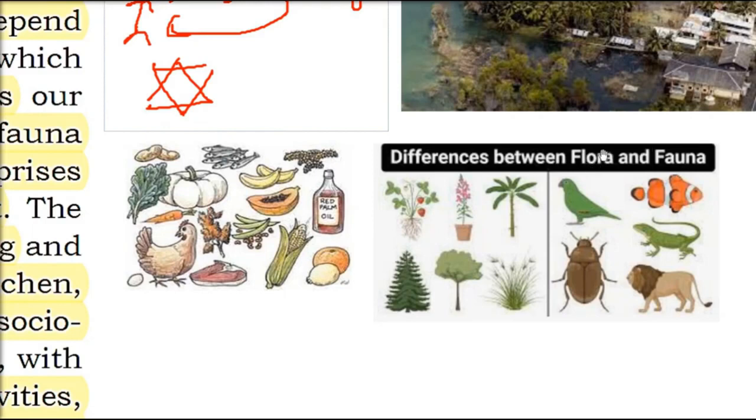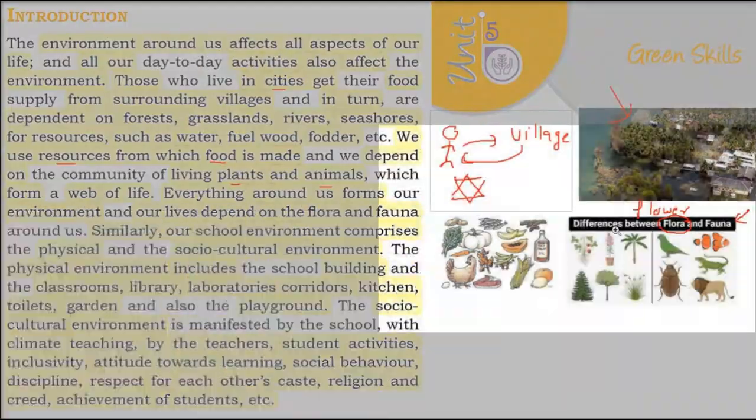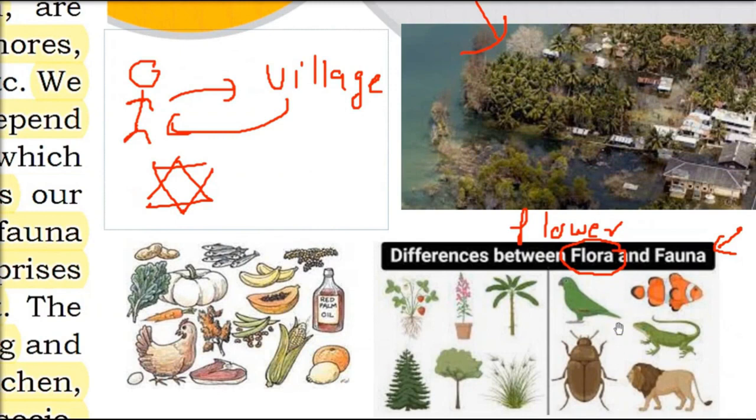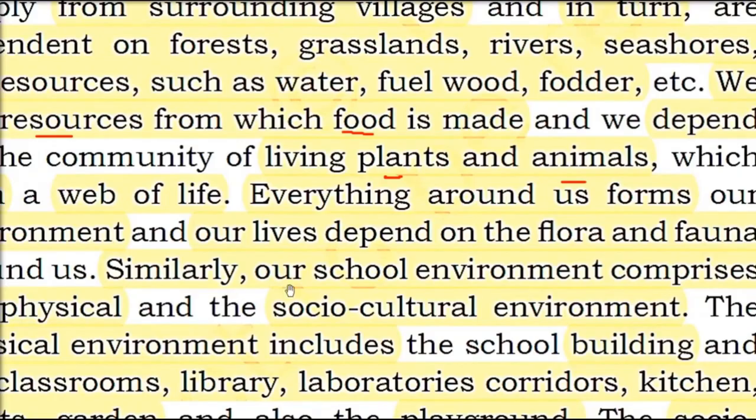You can relate flora with flowers, so all plant-related species are flora. Fauna, we are talking about animals. Flora, all plants, you will find everywhere, and fauna, in different parts with different climates, you will find different kinds of fauna.